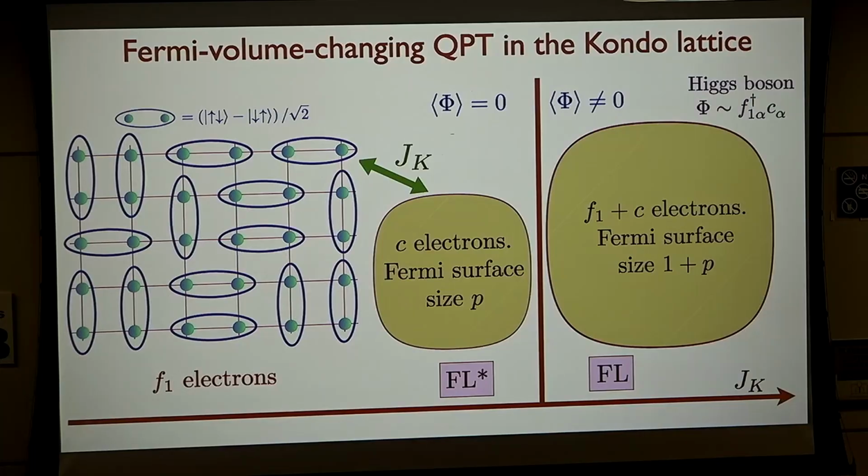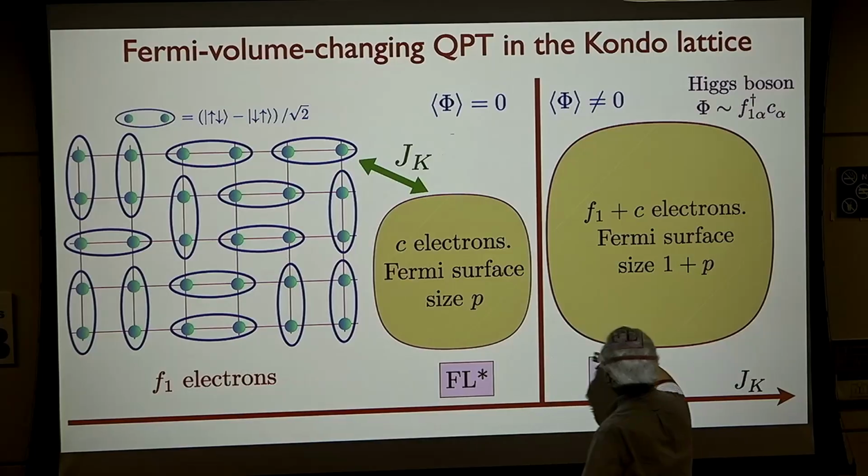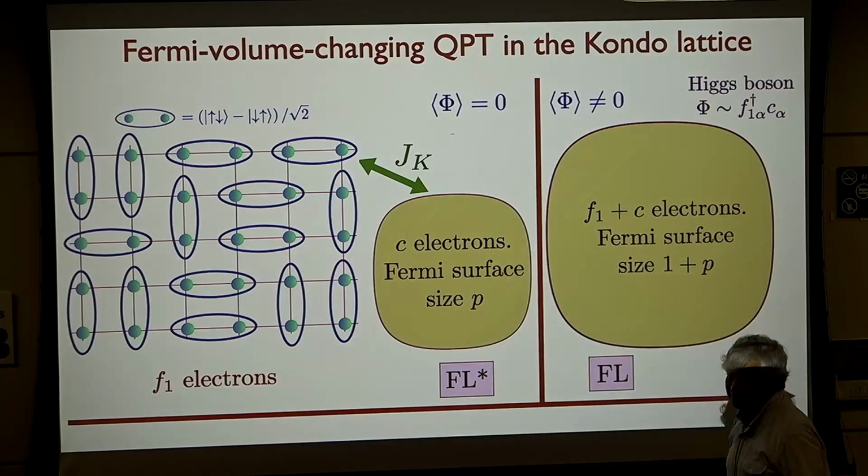They hybridize with each other in some complicated way until eventually you only have one band that's filled. In the mean field theory, phi becomes non-zero continuously, so it's a continuous transition. The quasi-particle residue on this Fermi surface vanishes here and then reappears on the big Fermi surface.